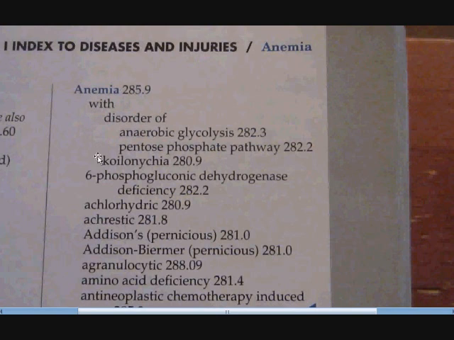Whereas anemia, let me play this again so we can go down and see some of the items below it. As you go down, we have all the different characters of what anemias can be. Addison's pernicious, Addison's, agranulocytic, idiopathic, myxedema, and so on and so forth.